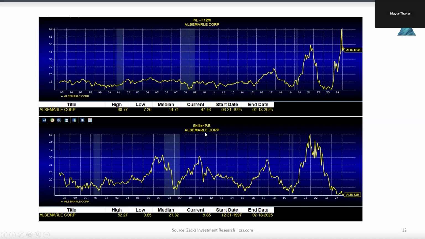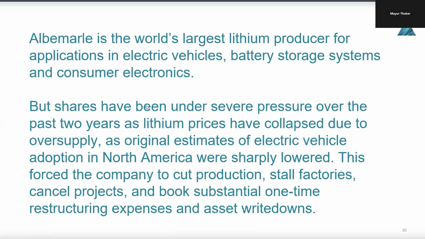So again, we can only see the value here if you are using normalized earnings rather than any given single year of earnings. Because again, this year's earnings are artificially depressed as they work through a lot of these items that are one-time in nature. When you cut production, install factories, you run below capacity.